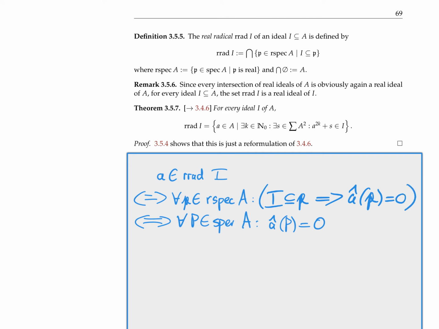And then here also, I have to take those such that I is contained in the support of P, and then this implies a hat of P equals 0.